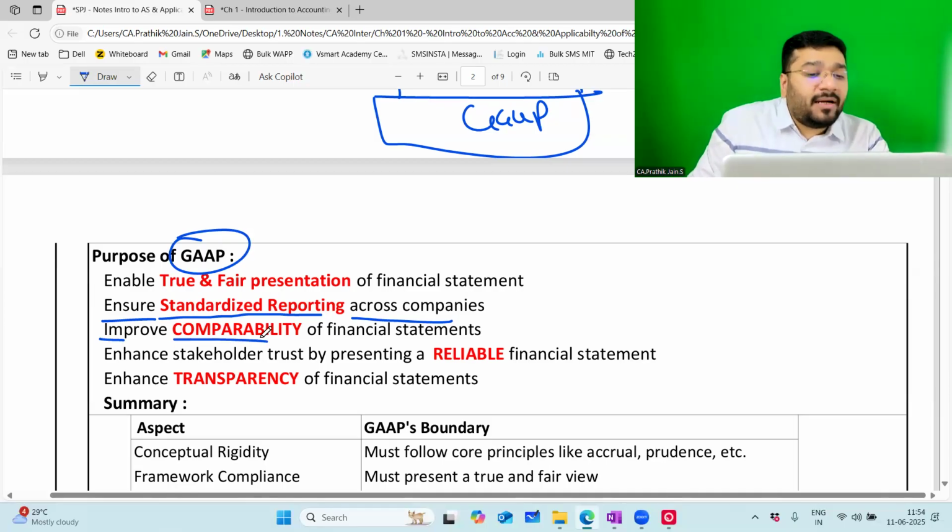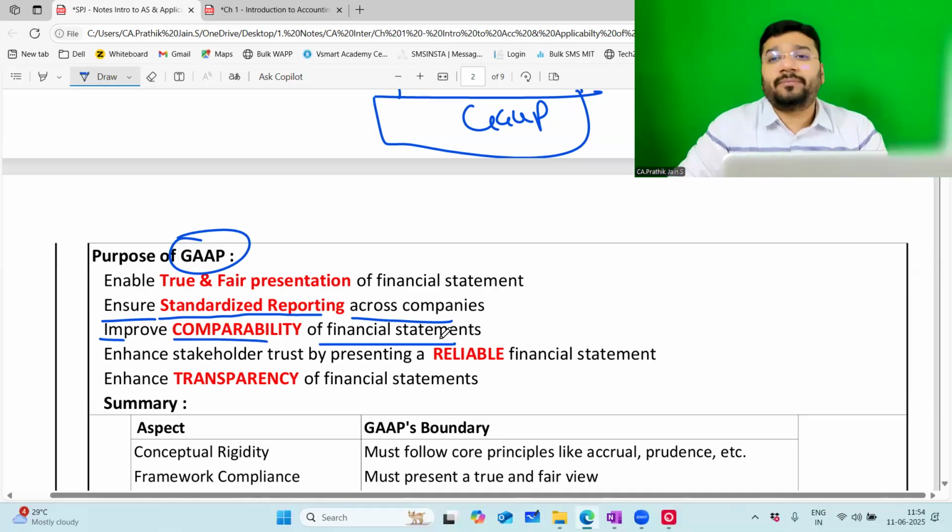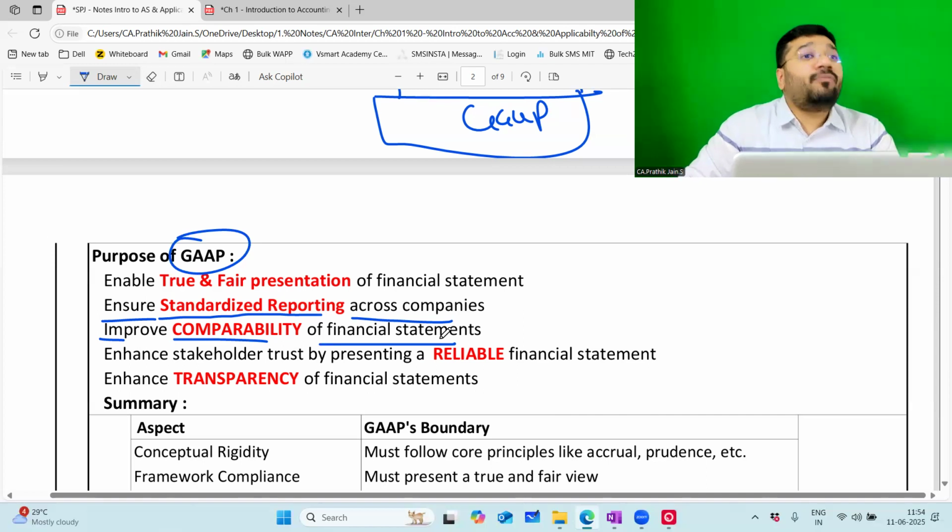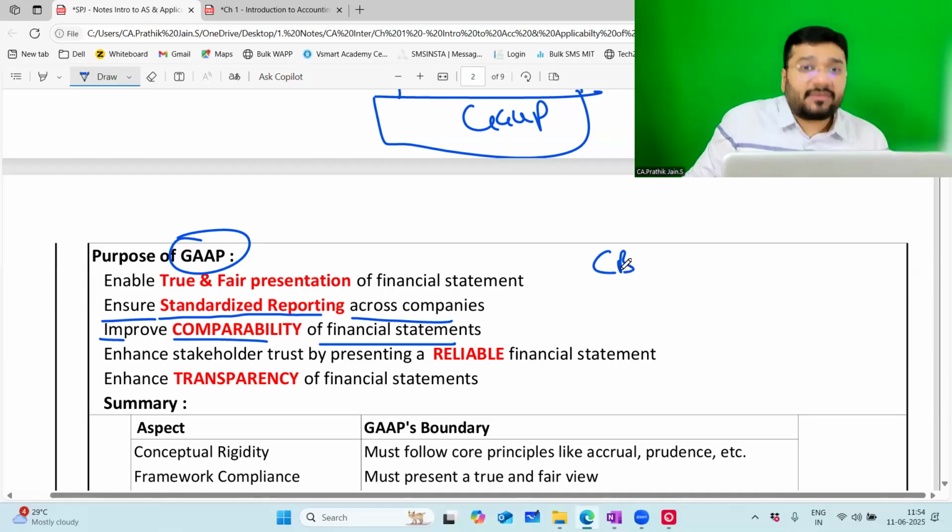Next, improve comparability in the financial statement. Comparability means what? I should be able to compare my own financial statement of current year with the previous year. I should be able to compare my financial statement with that of my competitor's financial statement. So if my previous year's financial statement is to be compared with current year, the basis of preparing that should be the same. Last year, I prepared the financial statement on cash basis. This year, I'm preparing on accrual basis.